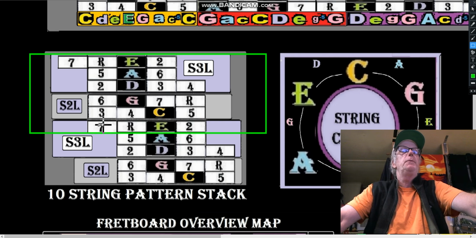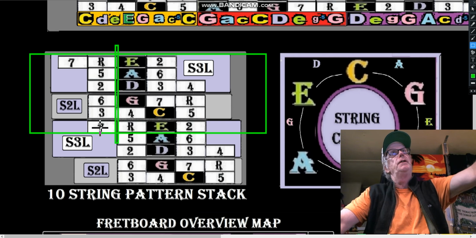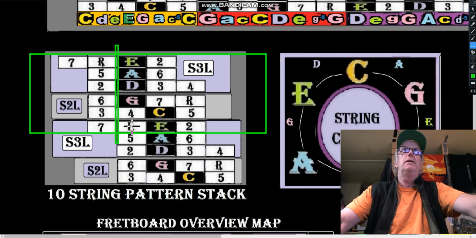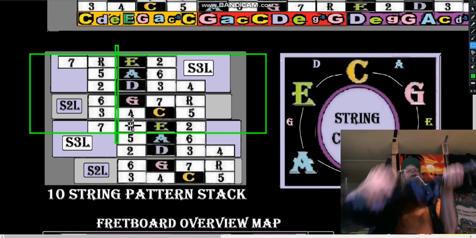So what key would we be in if I put the fret nut here, and this was the lowest note on your guitar? E note. It would be lettered for the key of F. So this is what you would think of when you're playing. You would think that F would be the root, because F is the first fret.